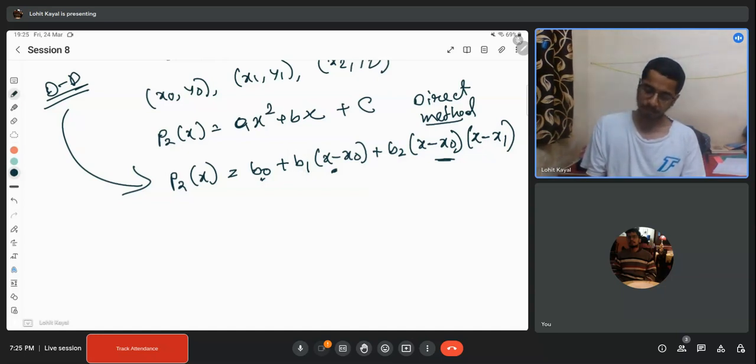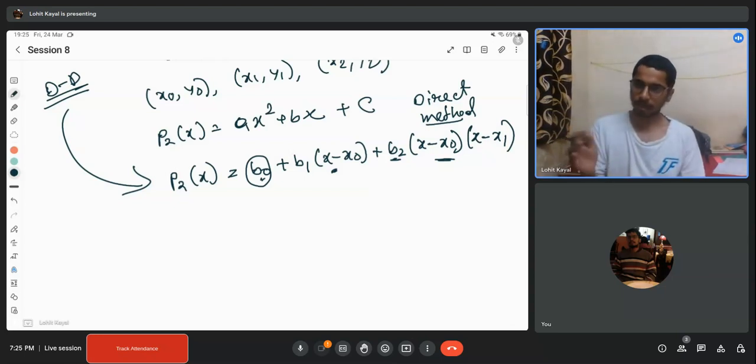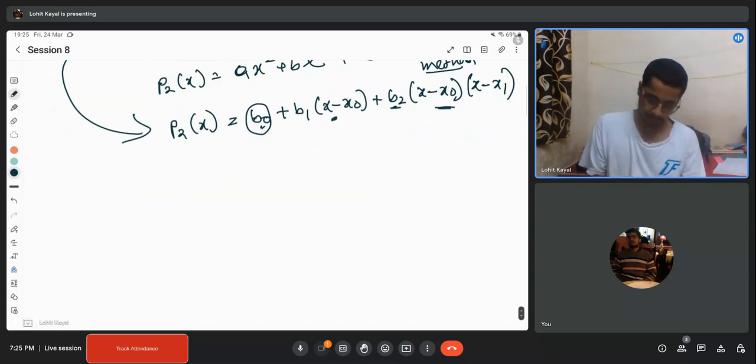Similarly, if I put x2, three of them will be non-zero, and I will get b2, since I already know b0 and b1. This is exactly similar to the back substitution method that we learned in the earlier classes. So after Gauss elimination, we need to do the back substitution to solve the problem. This is exactly the same technique, and you can show it very easily.